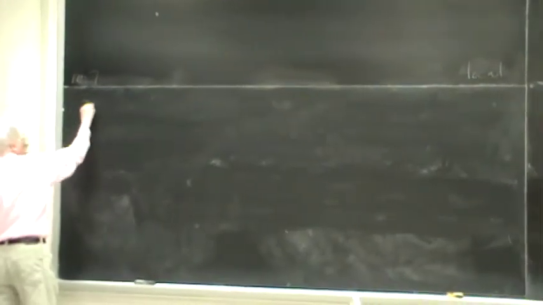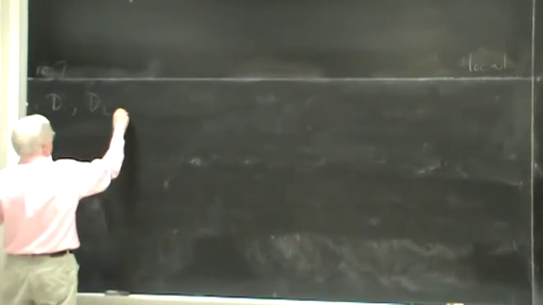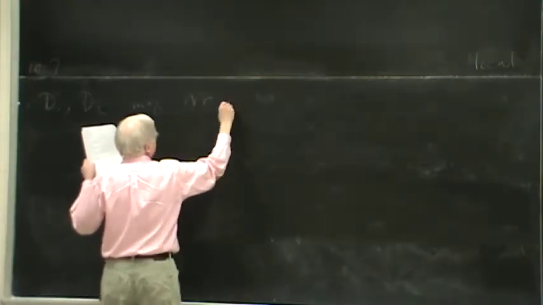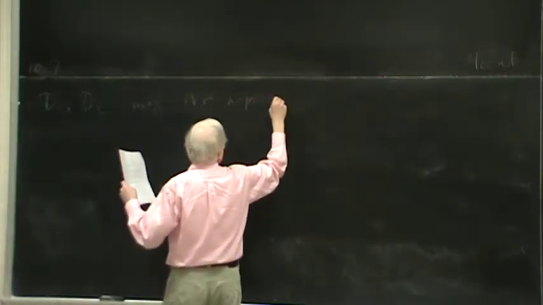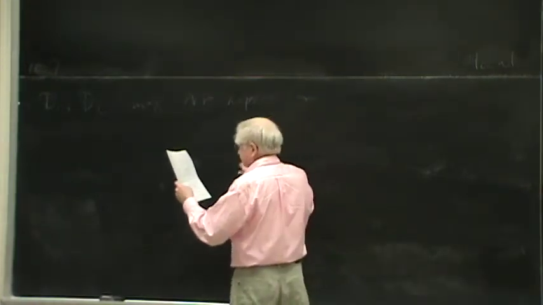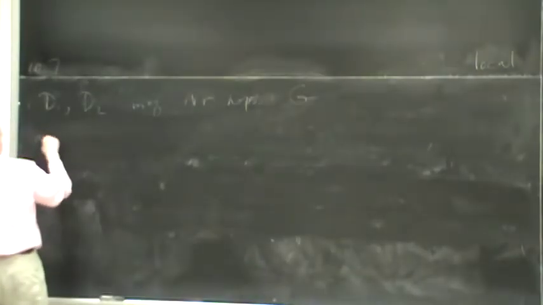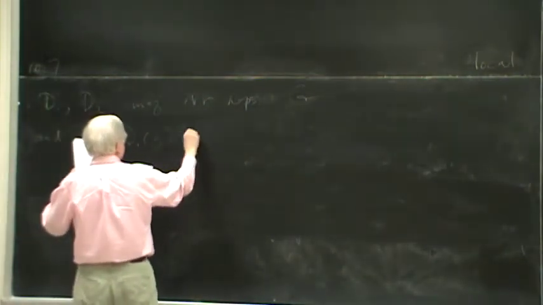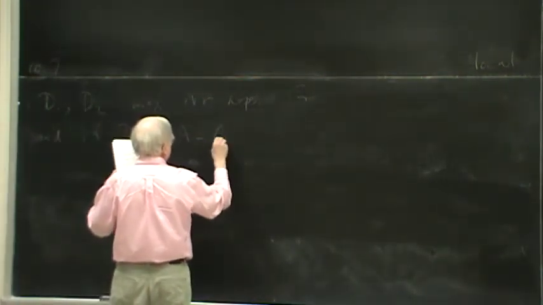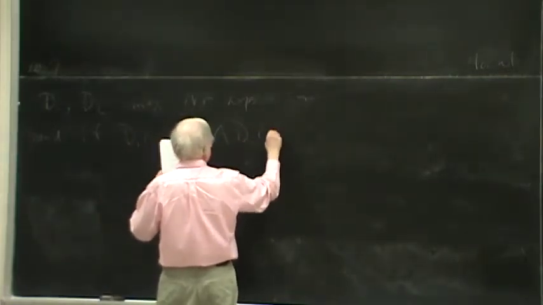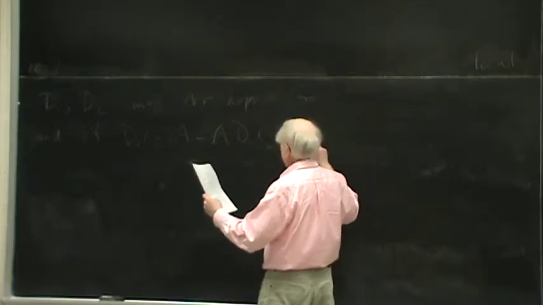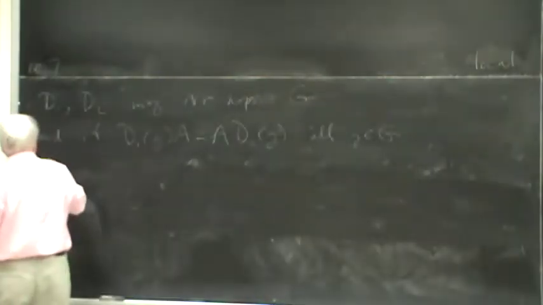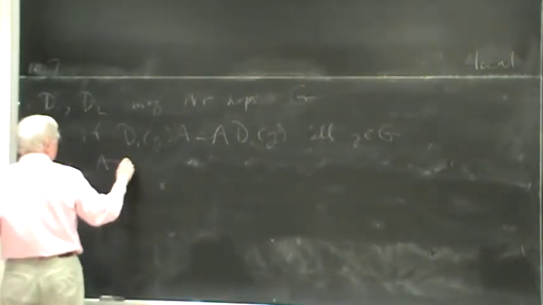And it says if D1 and D2 are inequivalent irreducible reps of a group G, and if D1(g) A = A D2(g) for some matrix A, and all g in the group, then A is 0.